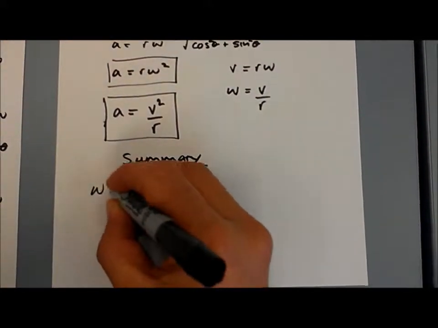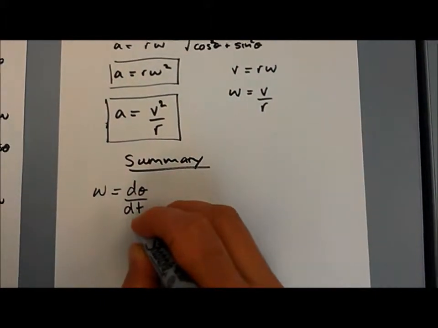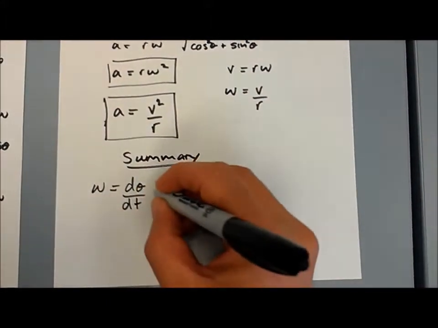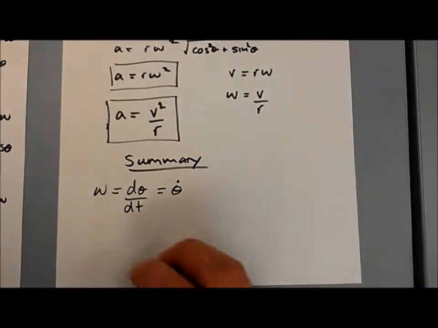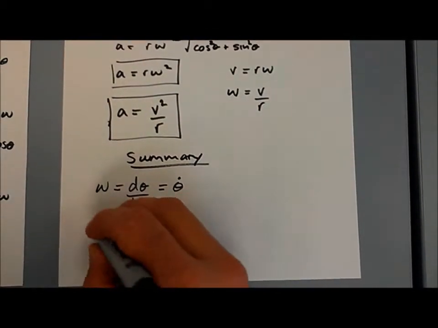Omega, angular velocity, is the rate of change in angle at the centre. We call that d theta/dt. You might sometimes see it written as theta dot. And we're looking at constant angular motion.